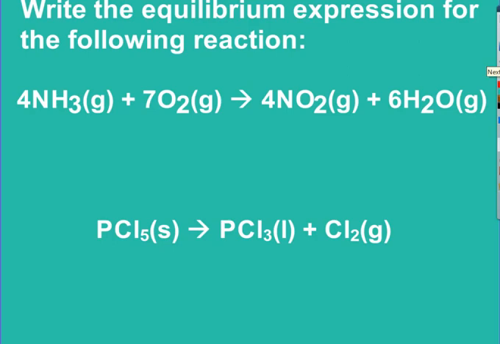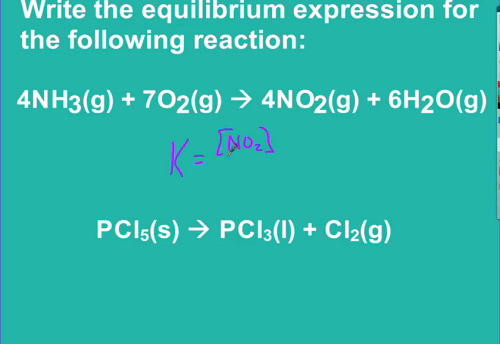So here we're going to write some equilibrium expressions. The very first thing you want to do is cross out all solids and liquids. In the first example, we don't have any solids or liquids. So we're going to just say K equals, and then my products, NO2, brackets mean concentration.